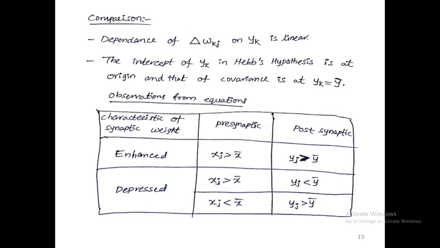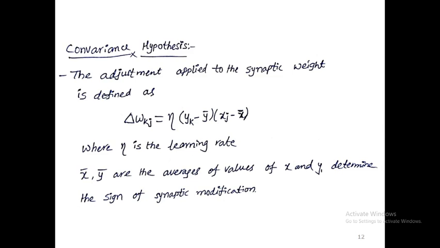If xj is greater than x bar and yk is greater than y bar, in the equation del wkj is equal to neta into yk minus y bar into xj minus x bar, the change in weight is positive, so it will increase, right?